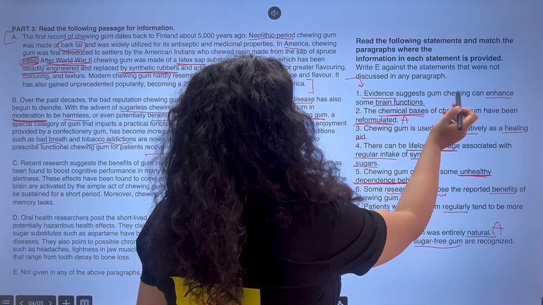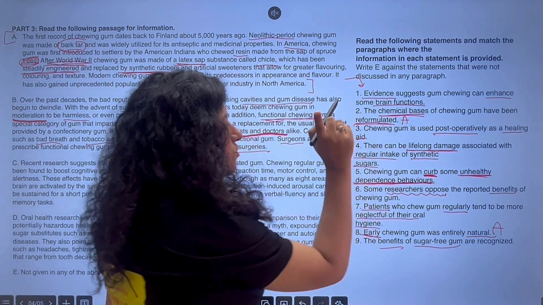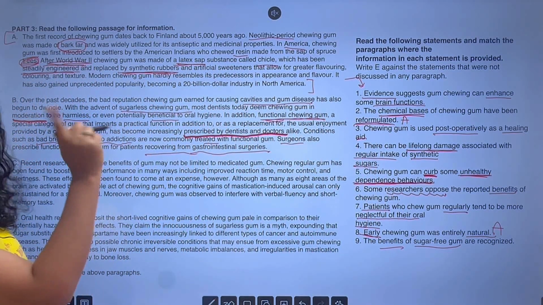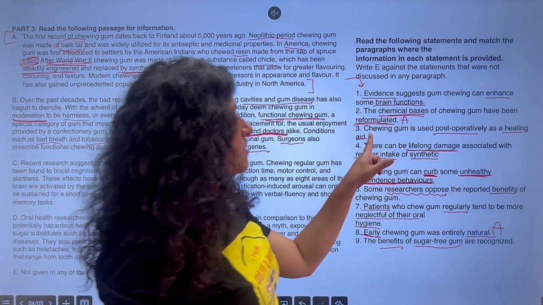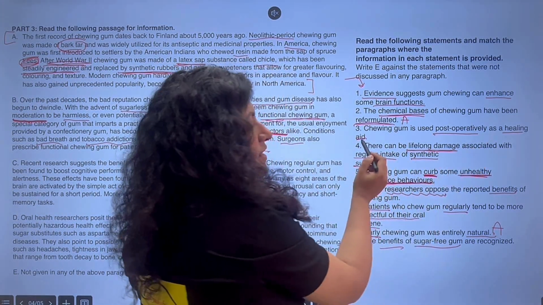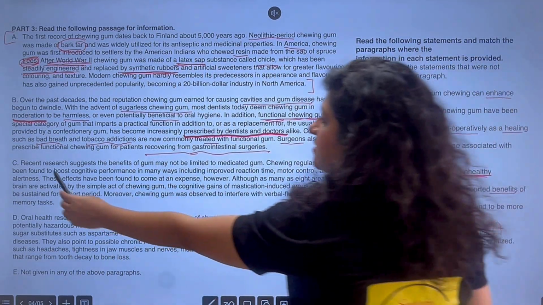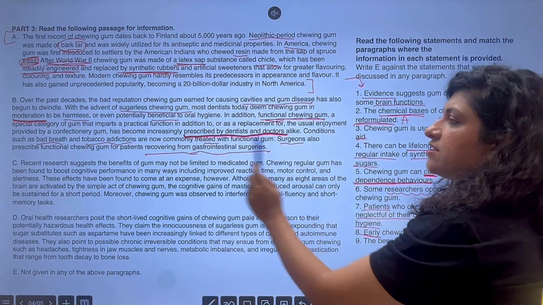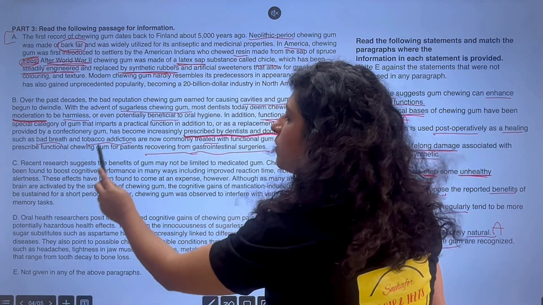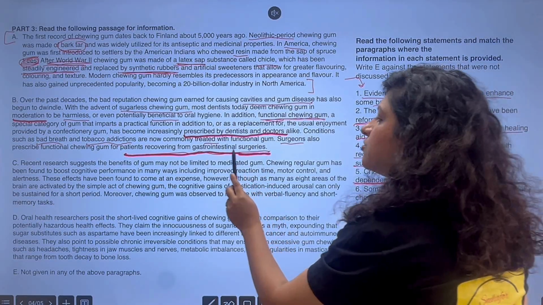Evidence suggests gum chewing can enhance some brain functions. Does not talk about brain functions at all. It's not there. Third says chewing gum is used post-operatively as a healing aid. Yes. The last line exactly says so. Surgeons prescribe functional chewing gum for patients recovering from gastro surgeries.